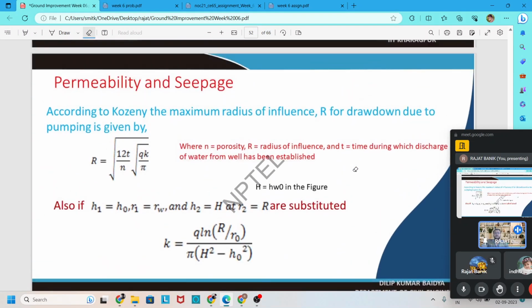Now we find out the influence radius by some arrangement, and this is given by Kusakin for the maximum influence radius.